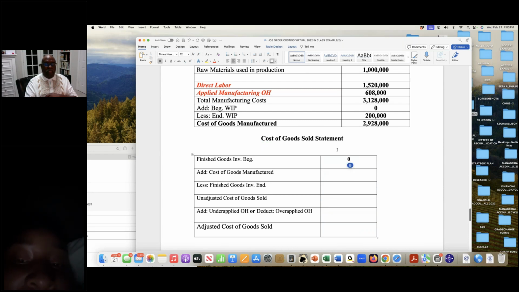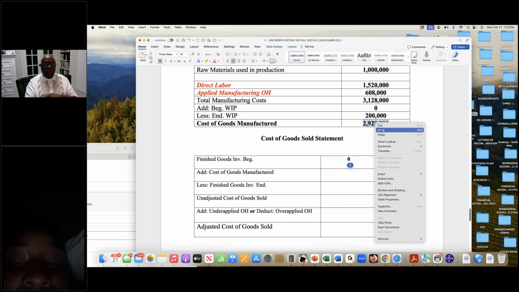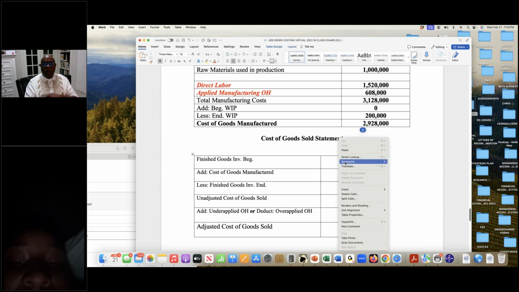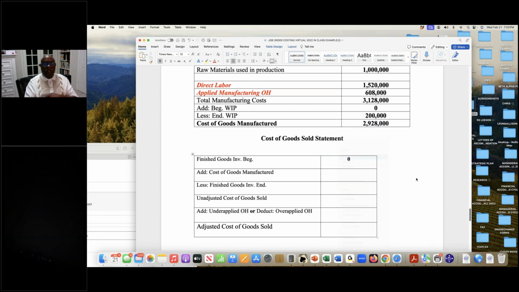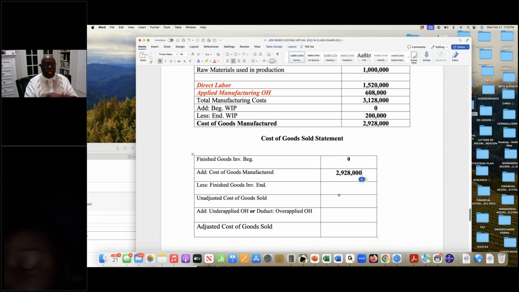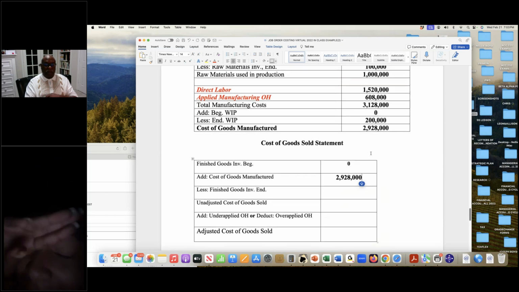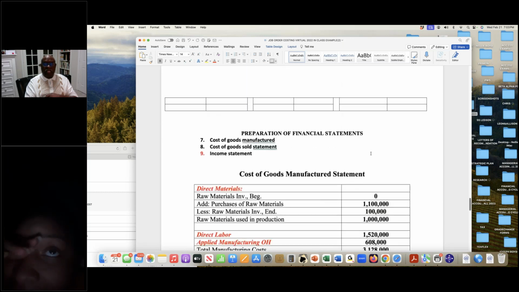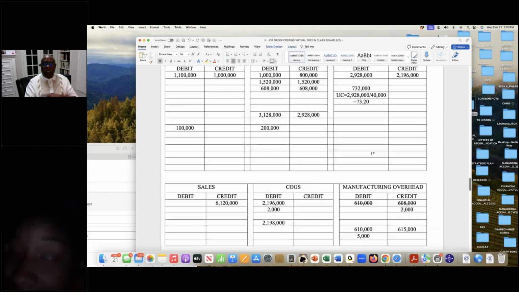Then we're going to bring down the cost of goods manufactured, the 2,928,000. We're going to copy it and put it right there. Now we got to subtract out the finished goods inventory ending to get our unadjusted cost of goods sold.